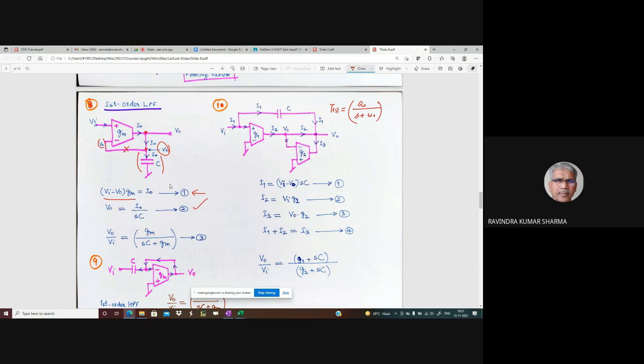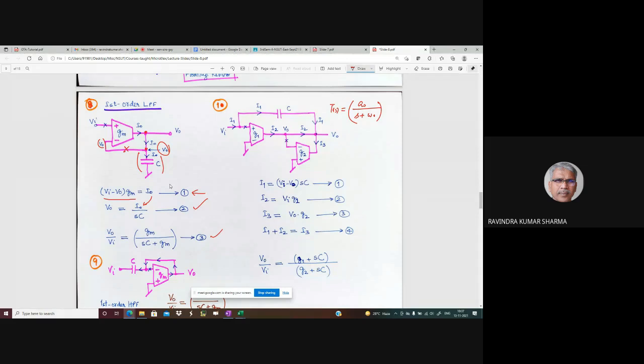Is that right? So if we substitute I naught from 1, then I get equation 3. Is that okay? Yes, sir.